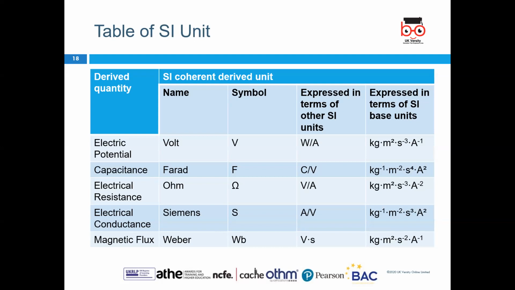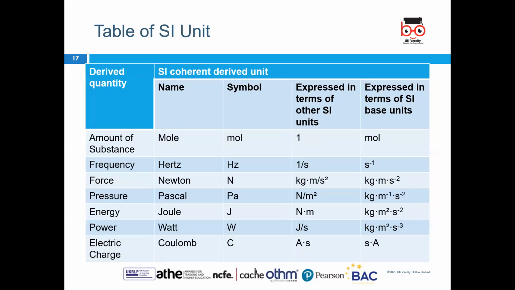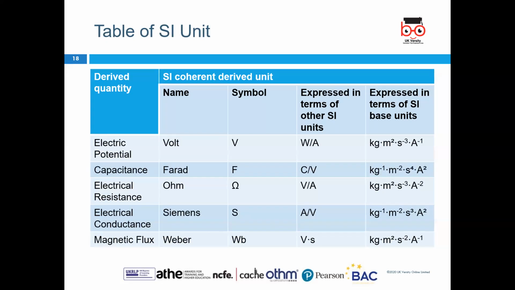Next, we have the electric potential, which is the volt, which is watt per ampere. In terms of SI base units, it is measured as kilogram meter square per second cube per ampere. Then we have capacitance, which is in farad, expressed as electric charge per volt.